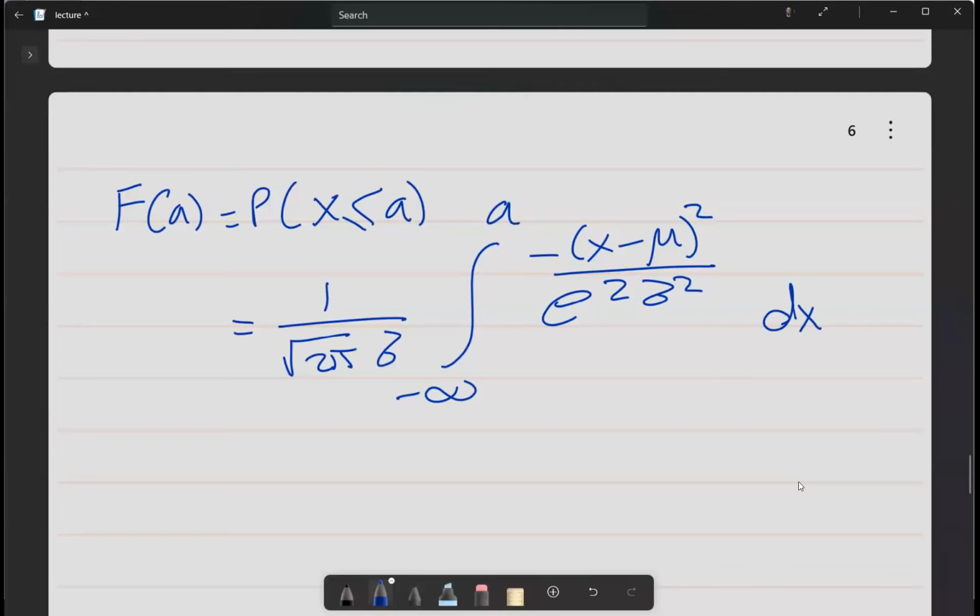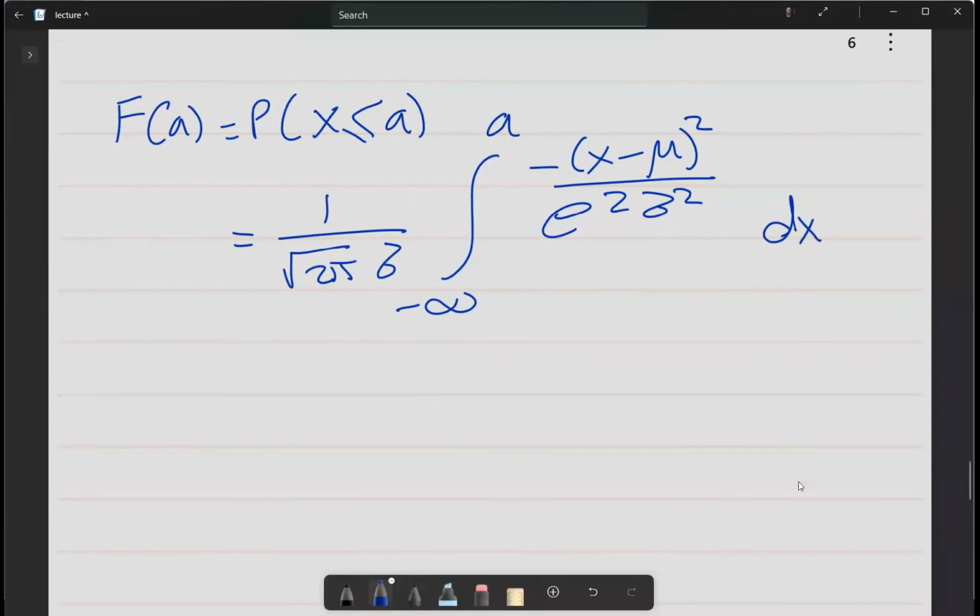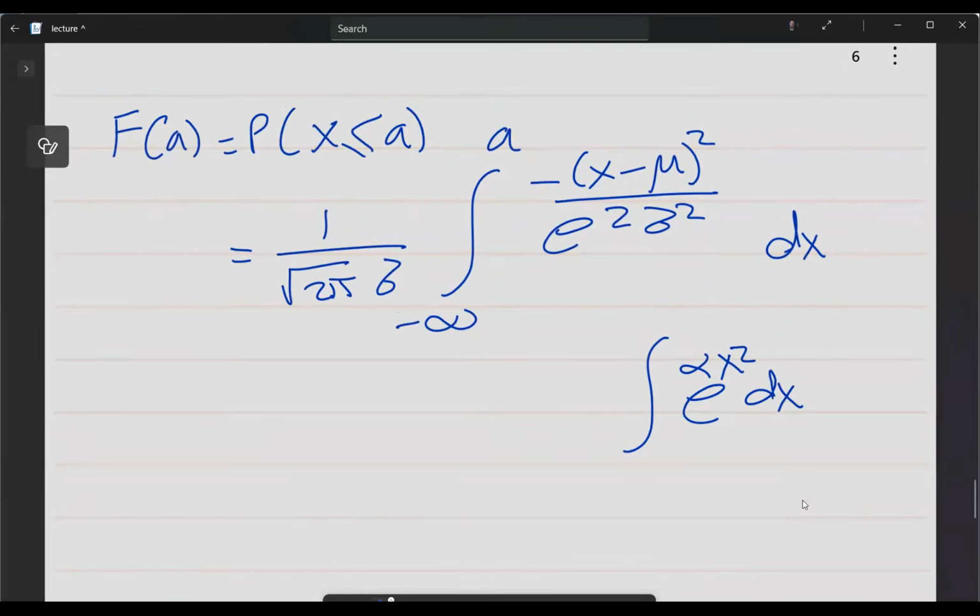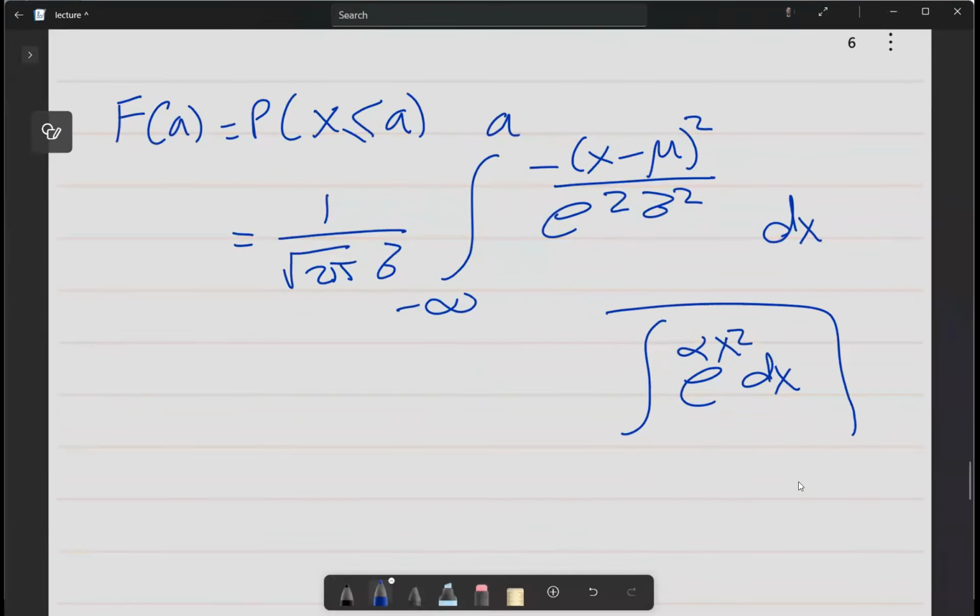We have a problem here: in general, the integration of e to the power of x square does not have a closed form solution. So the integration of e to the power of, for example, alpha times x square, dx, doesn't have a closed form solution. So we don't have the result of this integration.